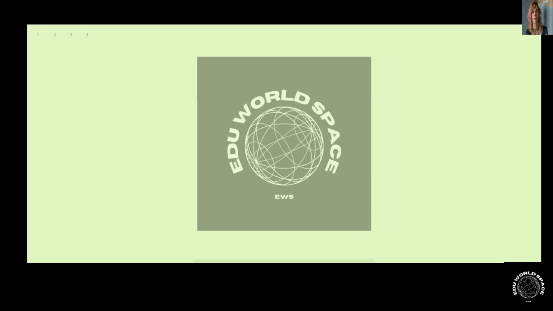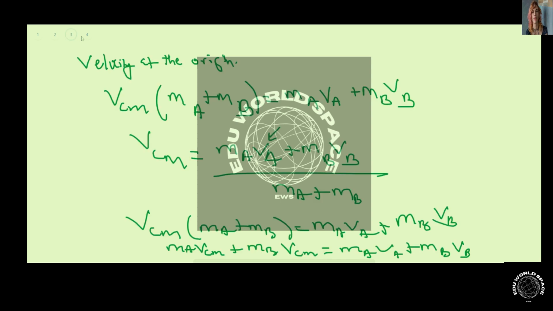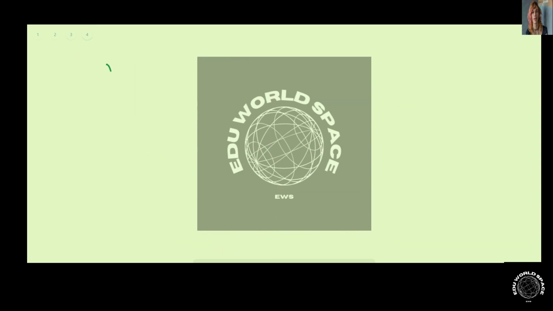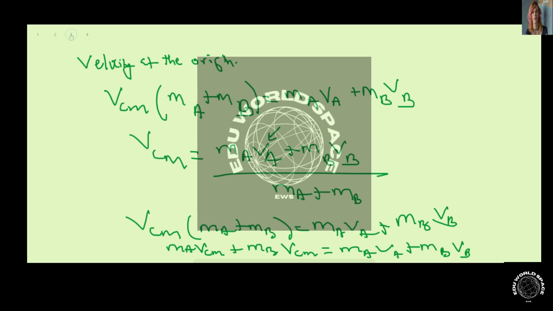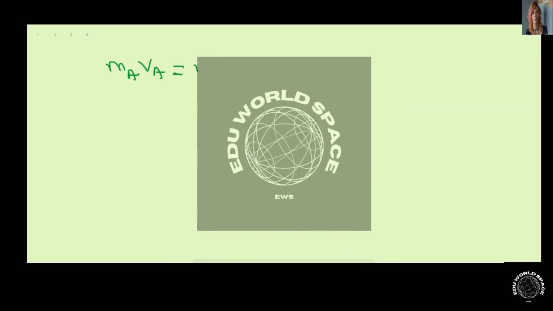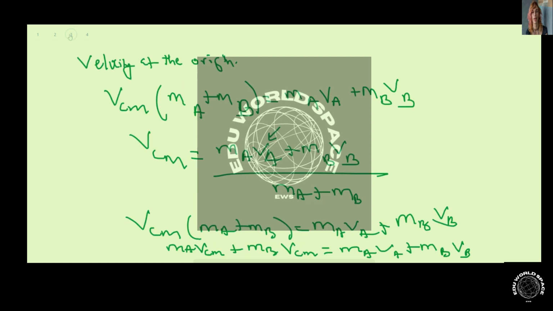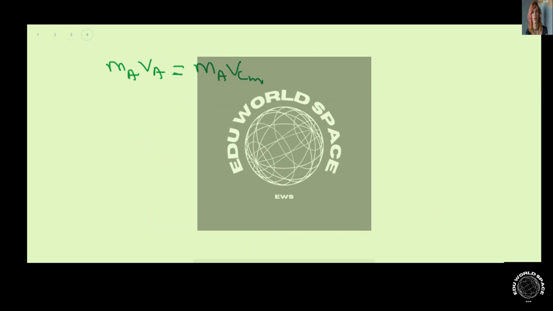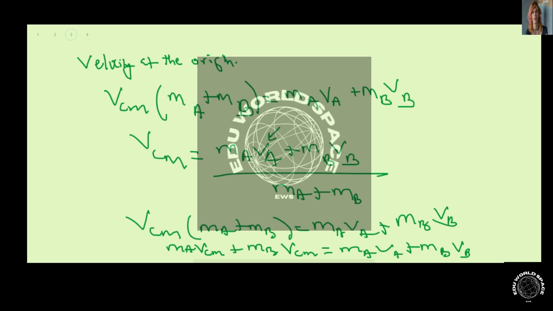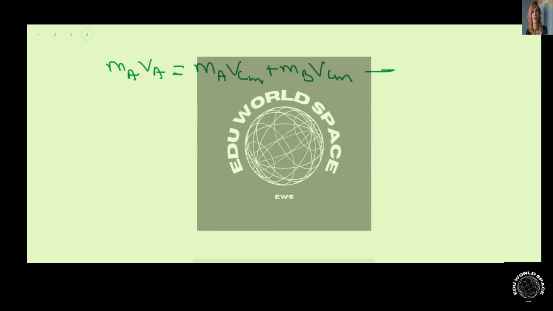Going to the next page, we're going to simplify the problem because our target is to get VA. So we get the VA, we put it by itself. So MA VA has to equal MA VCM plus MB VCM, and then it's going to be a minus MB VB because this one moves all the way to the left.